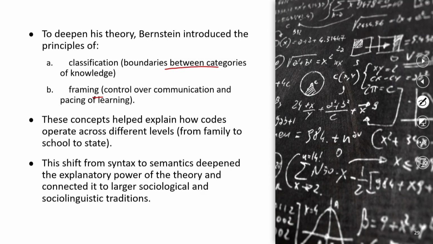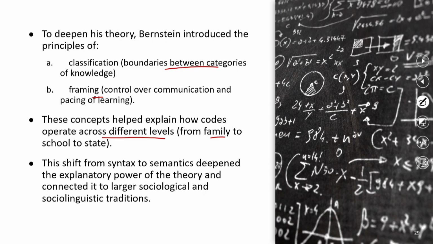These concepts helped explain how codes operate across different levels. So, from family to school to state, that is how. The idea of code has remained relevant because it was repositioned as a tool to understand language use across different kinds of domains.